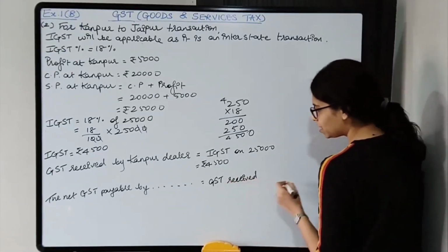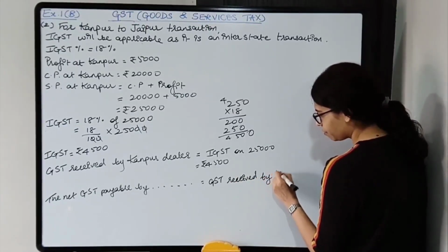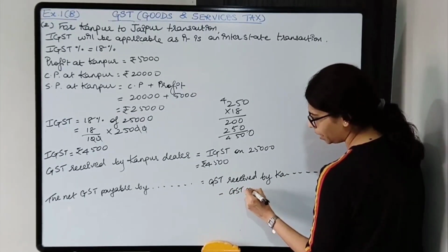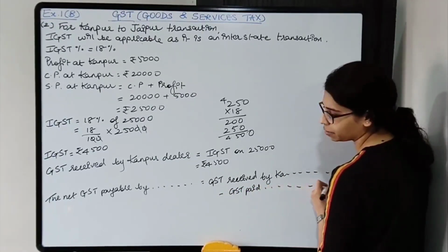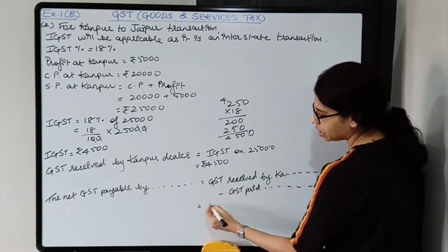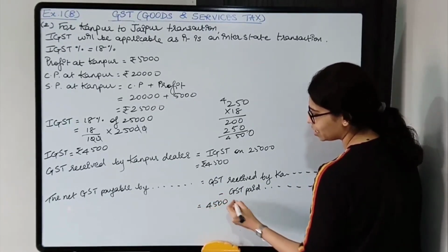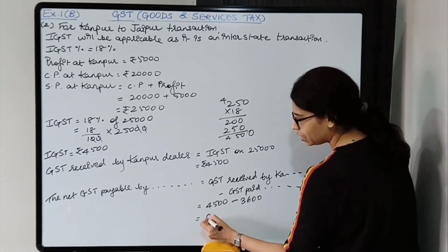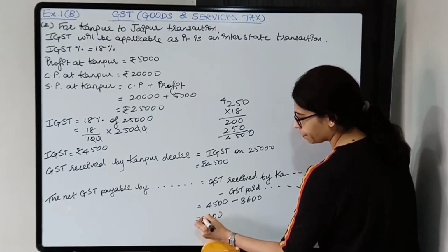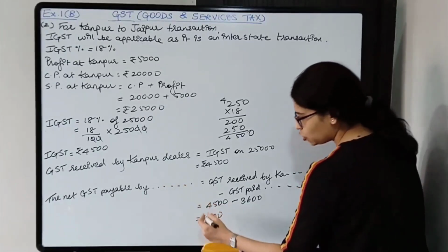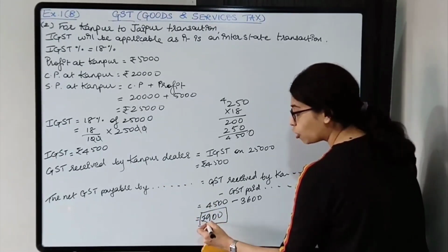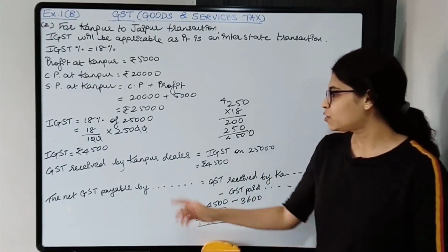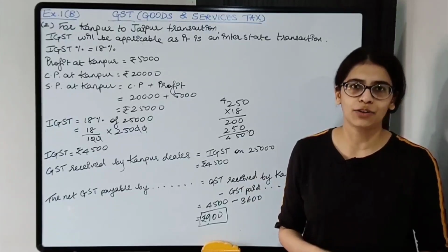Okay, so GST received by Kanpur dealer minus GST paid by Kanpur dealer. So GST received is 4,500, GST paid is 3,600. कितना हो जाएगा? It will be 900. Okay, so net GST payable is this. Box the answer. Okay, and don't forget rupee ka symbol. So the net GST payable by Kanpur dealer is rupees 900.